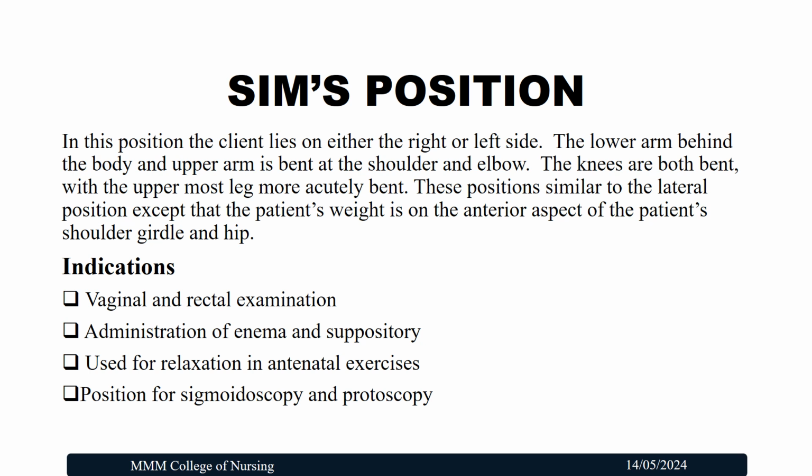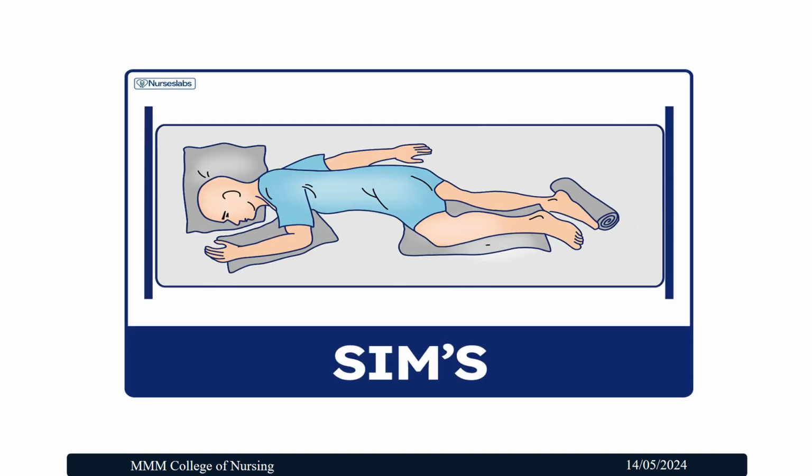Indication for this position: to perform vaginal and rectal examination, for the administration of enema and suppositories, used for the relaxation of antenatal exercises, position for sigmoidoscopy and proctoscopy. This is Sims position.